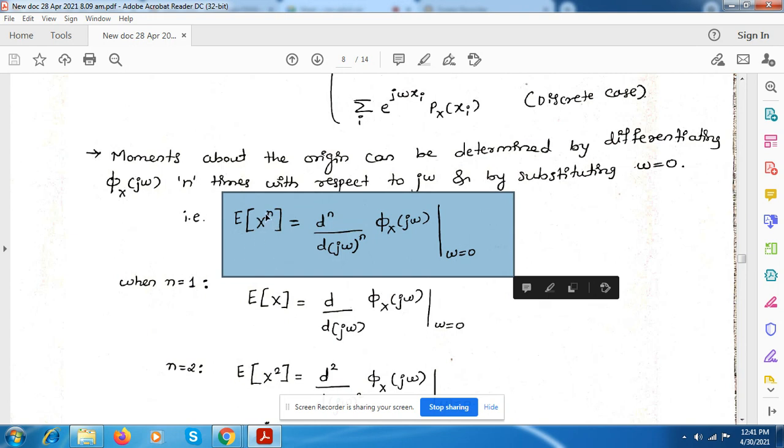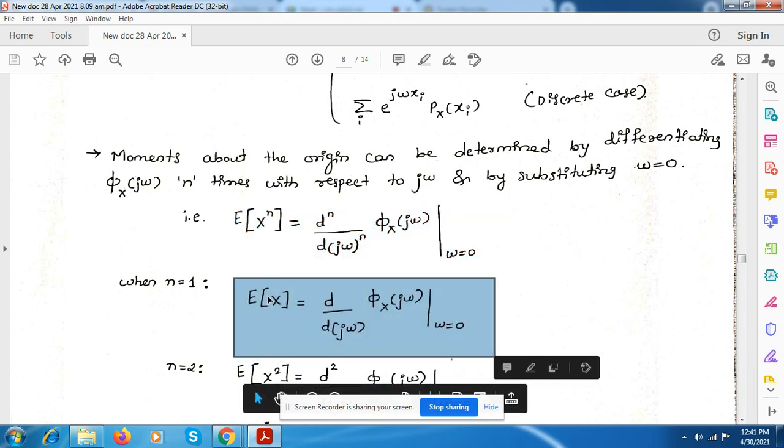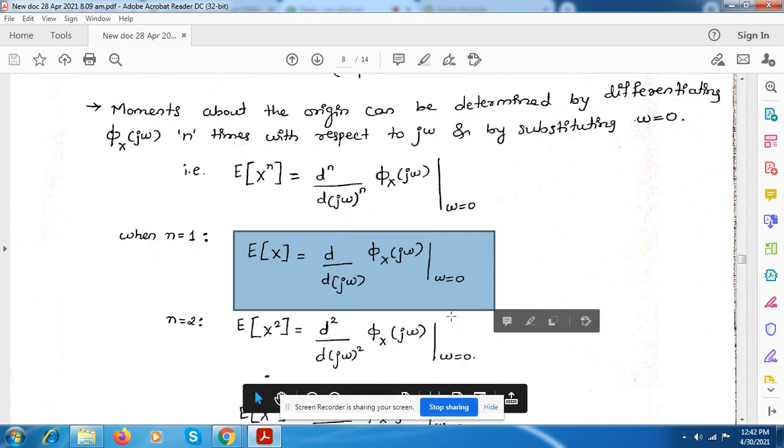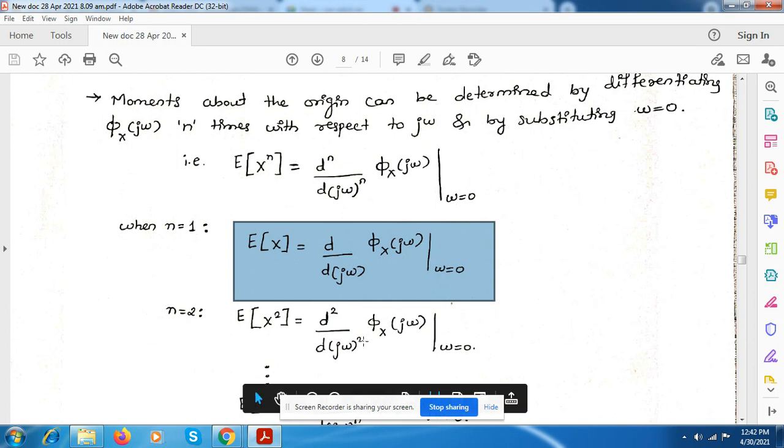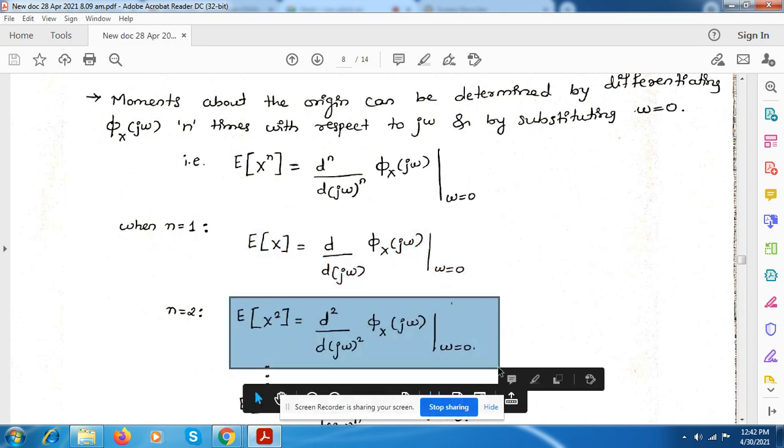If you put n is equal to 1, then it becomes the first order moment, that is E of x, which is equal to the mean value. Here you differentiate the characteristic equation phi x of j omega with respect to j omega only once, and substitute omega is equal to 0. If you put n is equal to 2, then it is the second order moment.